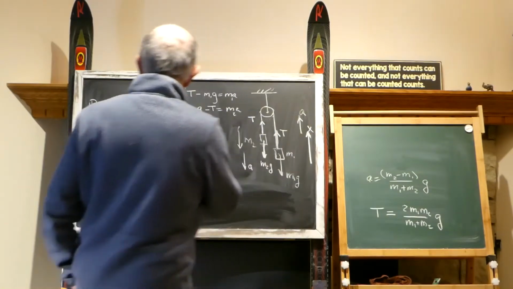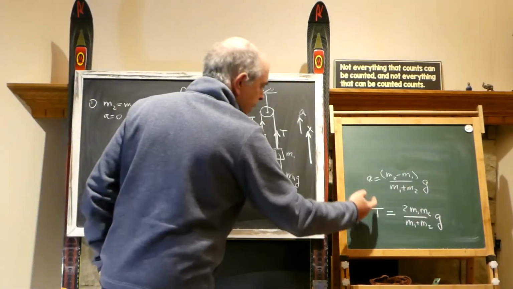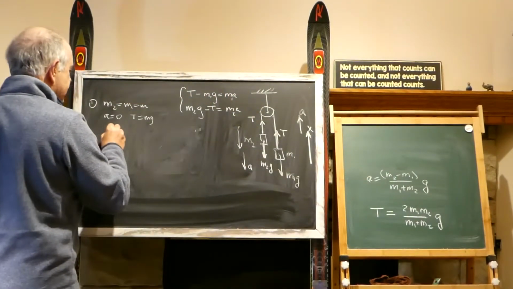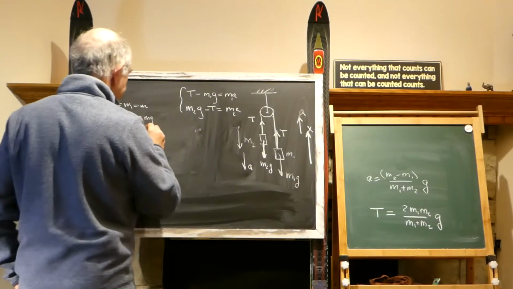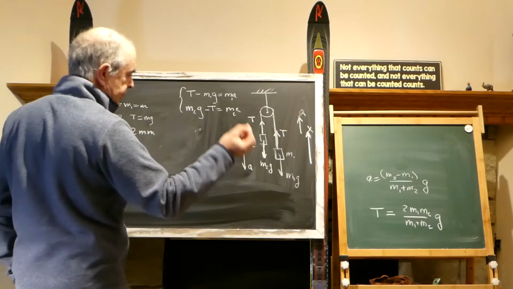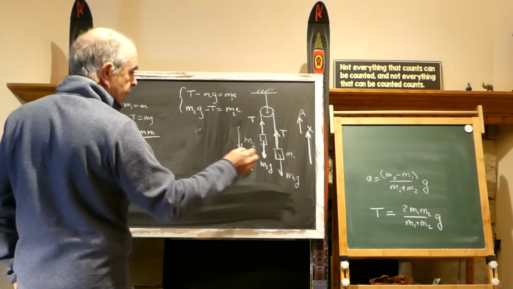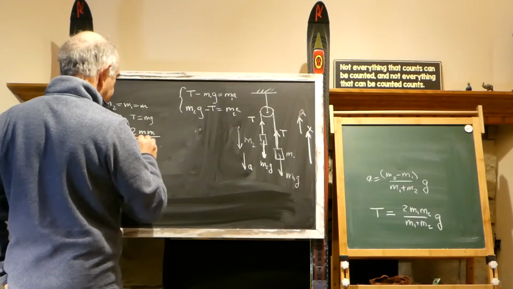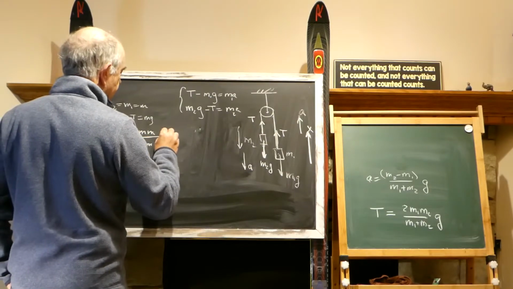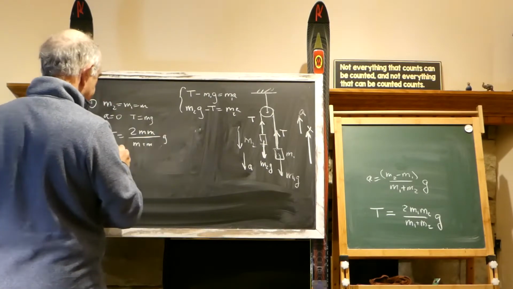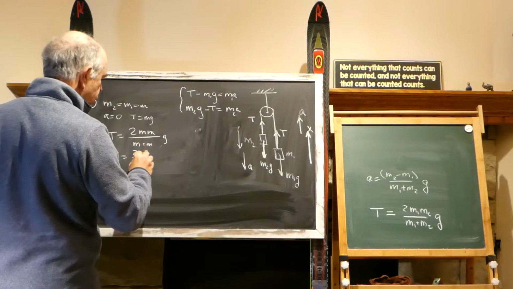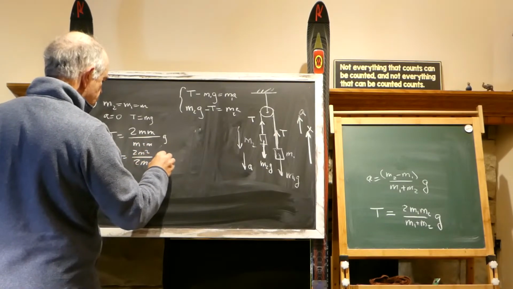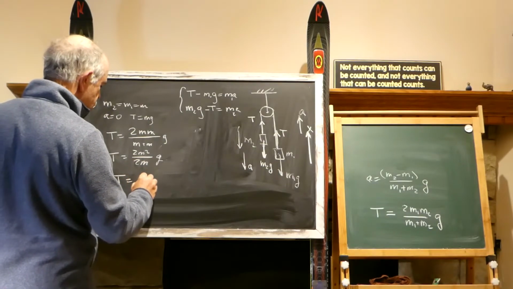Now, we already checked that the formula gives us A. Let's check that T is giving us the same number. We have 2, M instead of M1, M instead of the second one, divided by M plus M, times G, and T would be 2M squared divided by 2M, times G, and T would be mg.